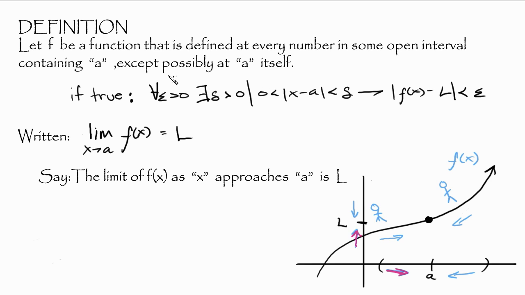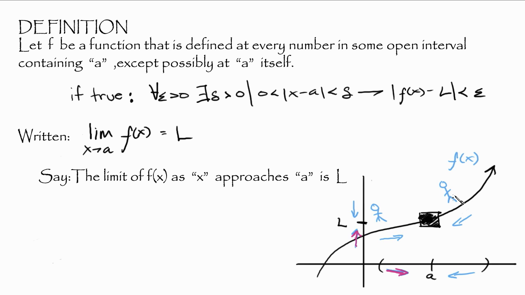Now, when they say except possibly a itself, what it means is, let's say you had a function that had a hole in it. Well, in a real life situation, let's go back to where you're just walking on the path here. It basically means that you're plugging in numbers, and they're valid on this curve right here. You're plugging in numbers from the x-axis into the function, and you're getting points along this curve over here.